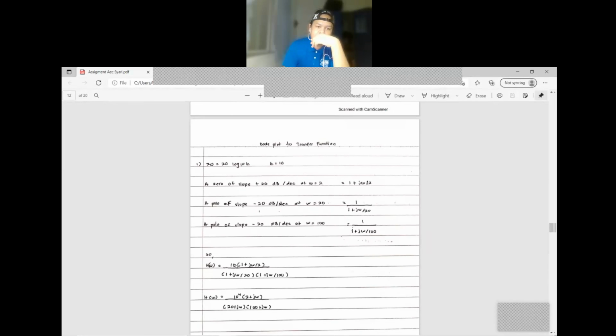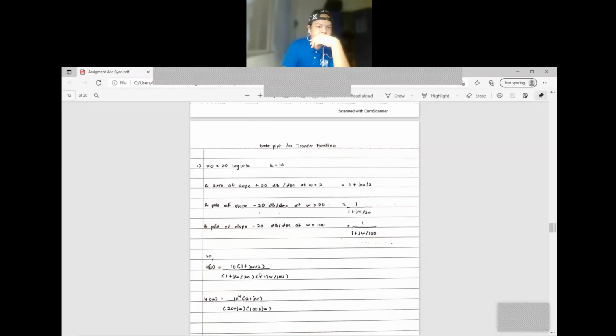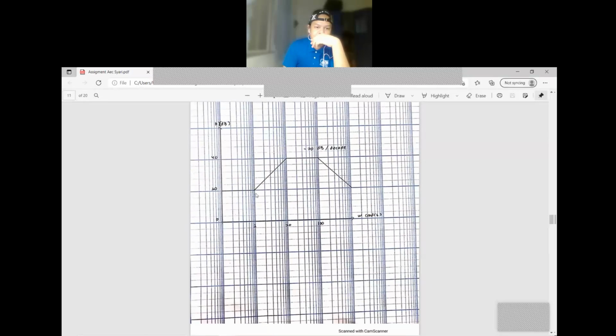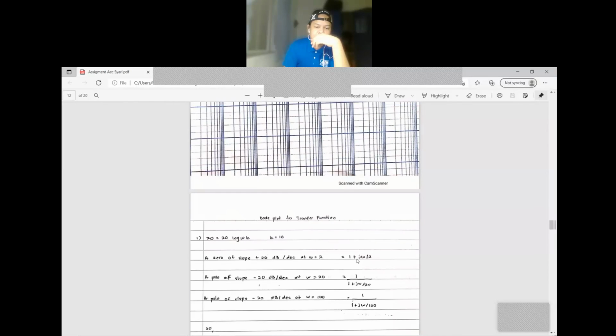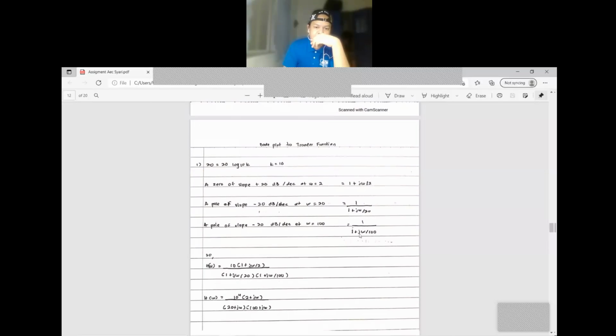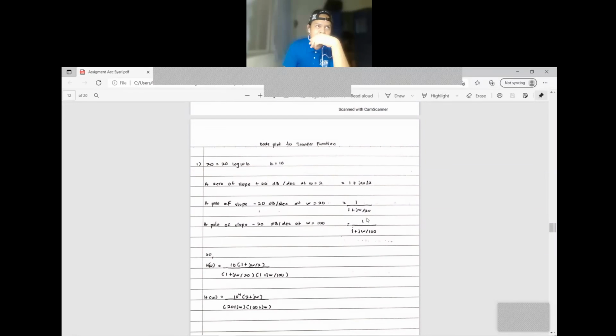We write down first k, then the numerator for the line going upward, then the denominator. So we write down 10 times 1 plus j omega divided by 2, divided by the third point, 1 plus j omega divided by 20, times 1 plus j omega divided by 100.